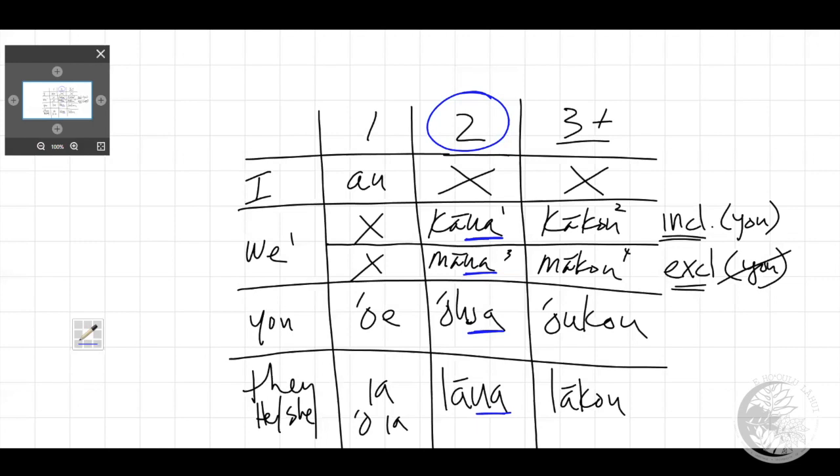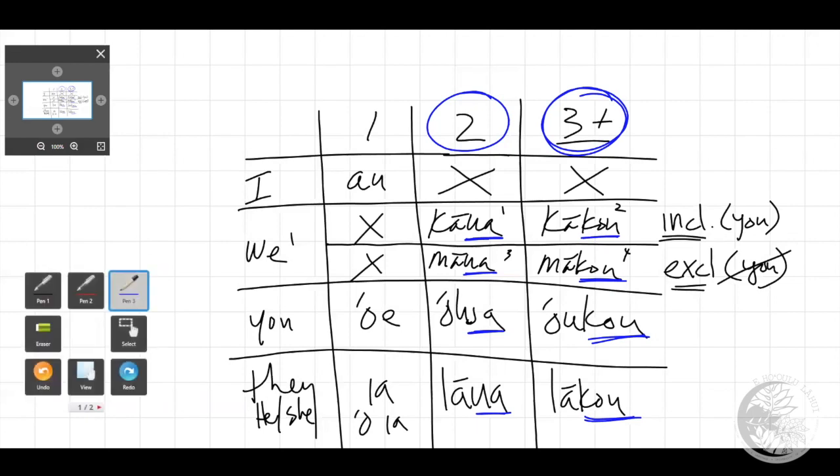And anytime you're talking about 3 or more as a number, you notice the same word, ko, is used in the suffix also. So anytime I'm talking about 3 or more, I know it's going to end with ko. Anytime I'm talking about 2, it always ends with ua.